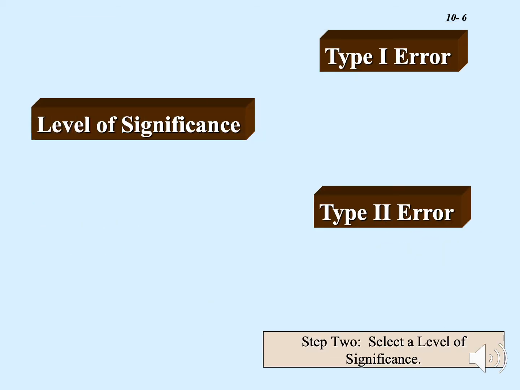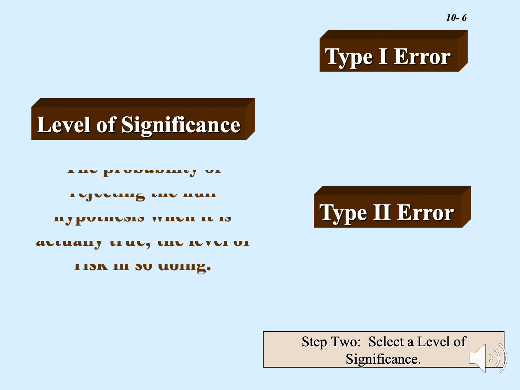Okay, so there are types of error. The level of significance, as I've told you a while ago, is always set at 0.05.